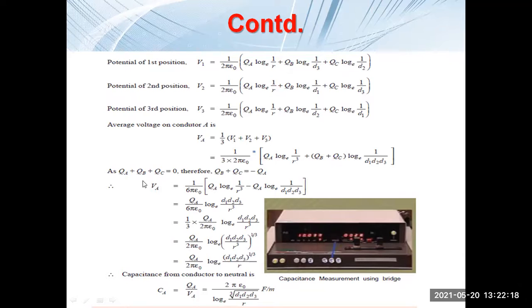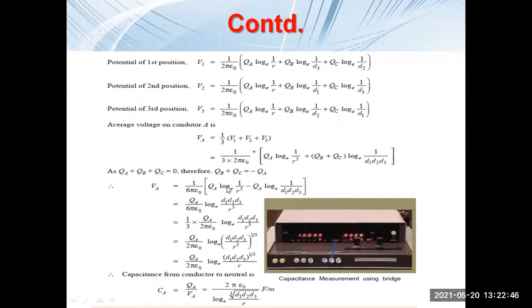Now we know that QA plus QB plus QC equal to 0. So QB plus QC, obviously, should be equal to minus QA. So now we are substituting QB plus QC equal to minus QA. So what will happen? This is 1 by 6 pi epsilon QA log of 1 by RQ, this will be minus QA log of 1 by D1, D2, D3. So QA is taken common, QA by 6 pi epsilon log of.